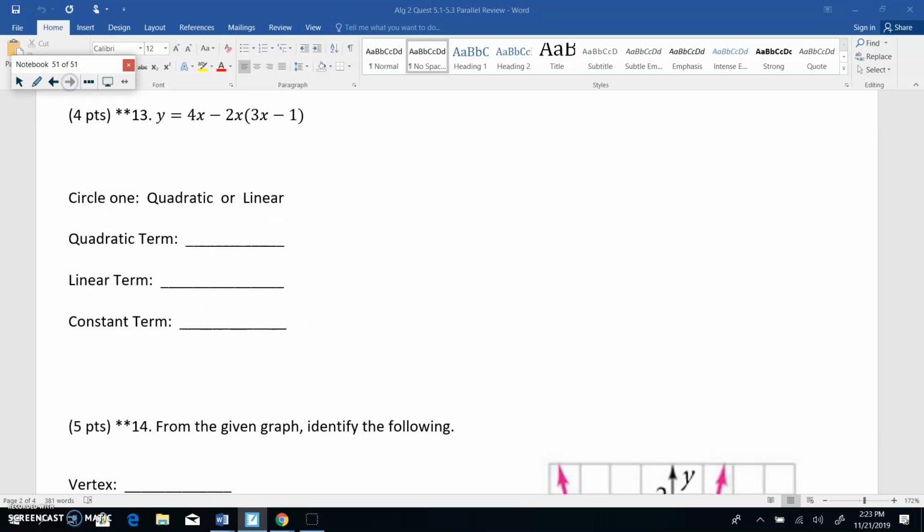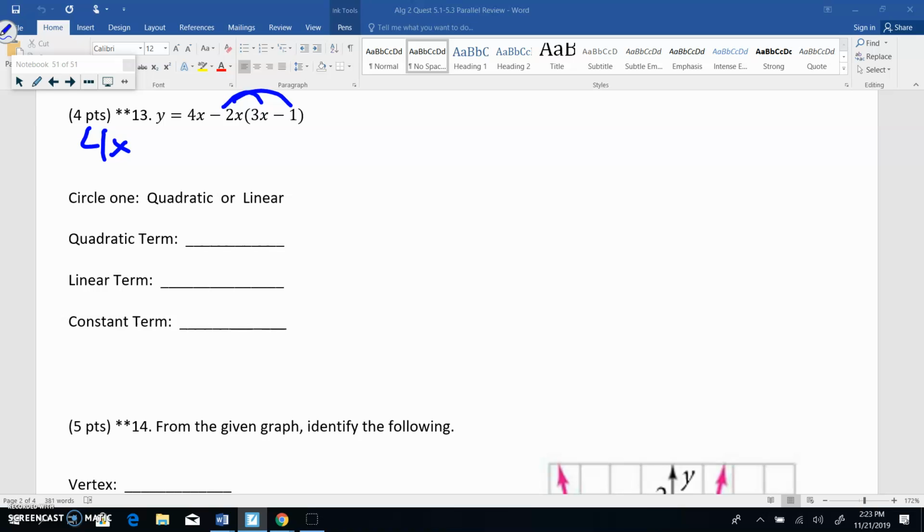Okay, here we have a problem where we determine whether or not we are quadratic or linear. Okay, in order to do that, you need to have your equation there in the simplest form. It is not, so I have to do that first. So how I'm going to handle that is I'm going to distribute that -2x into the parentheses. As I do this, I have 4x.